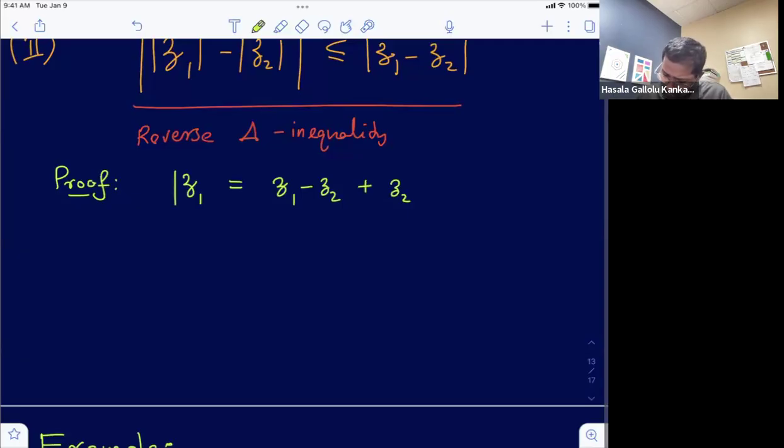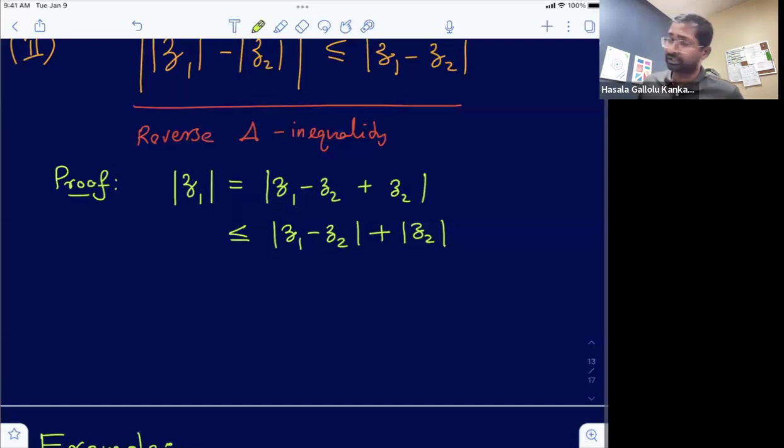Now, if you take the absolute value, or let's say more precisely the modulus, that will give you again the modulus of the right hand side. However, now if you break the right hand side into two pieces by using the triangle inequality, because it's already available for any two complex numbers, we can obtain this result.